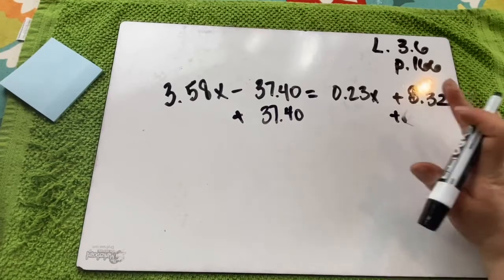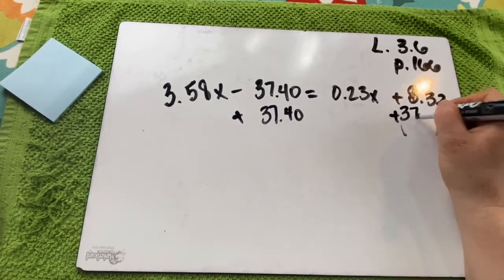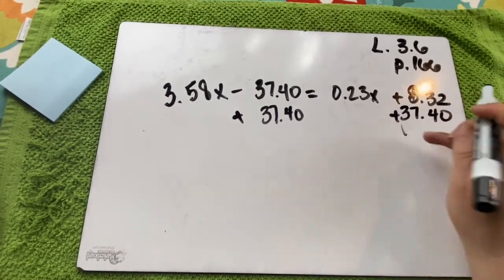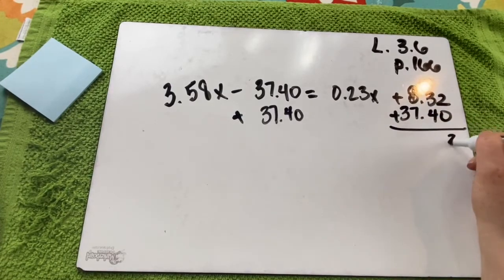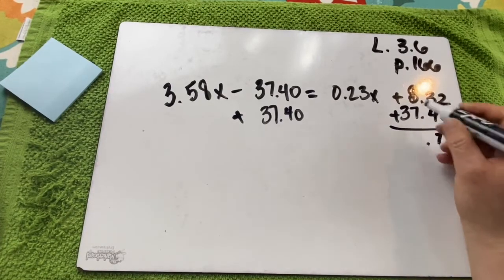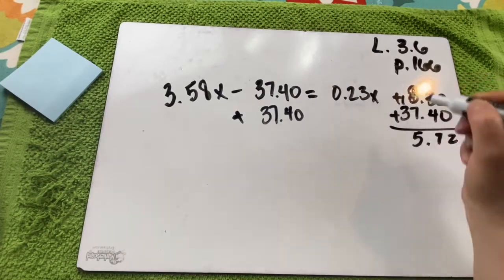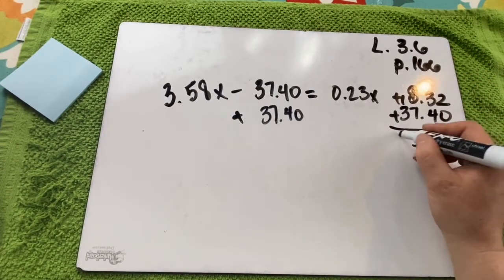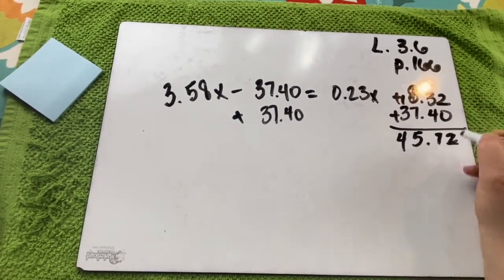Line up your decimals. Okay, so 2, 7, 15, carry the 1 is 45.72.